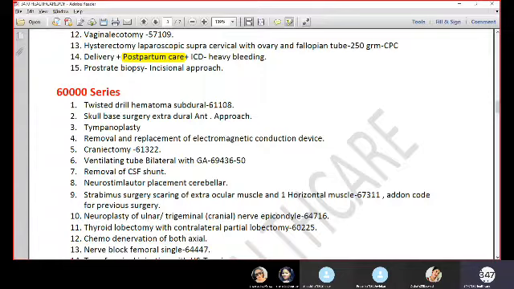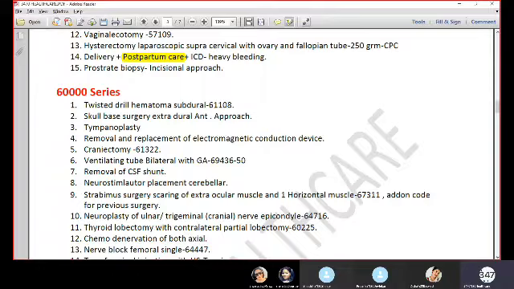Please make a note, it is a repeated question. Nephrostolithotomy with lithotripsy 3 centimeter, 50081 is the answer.